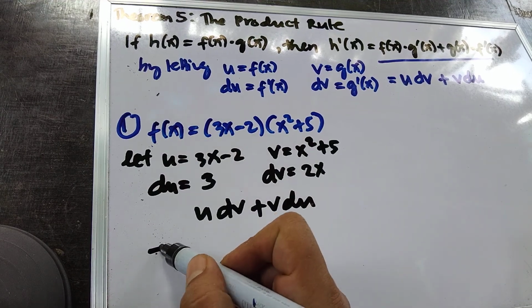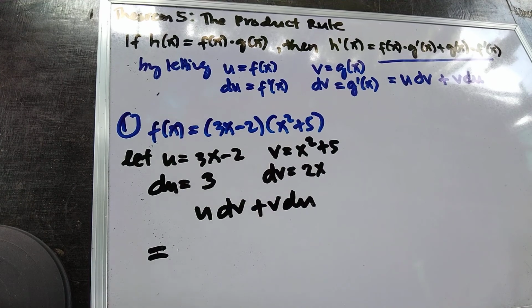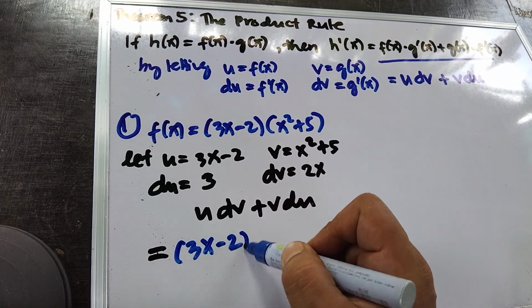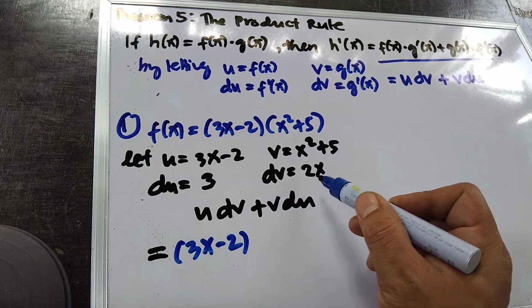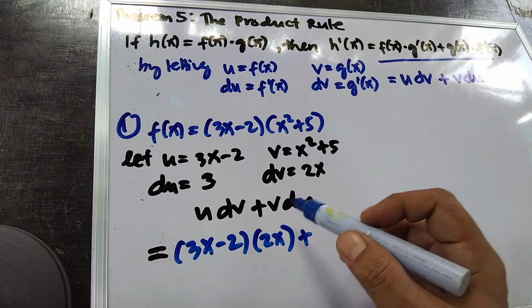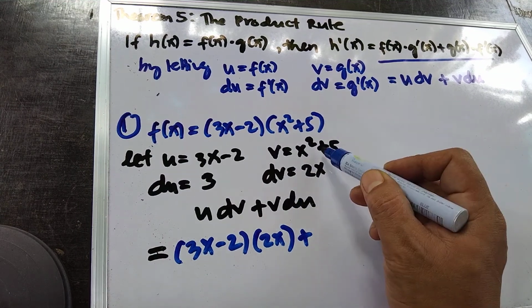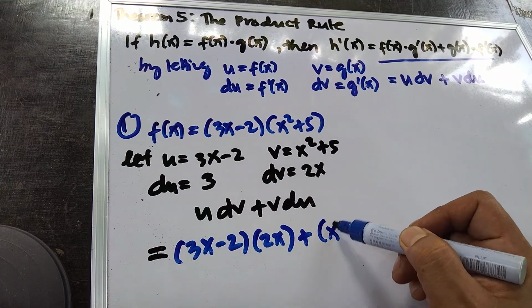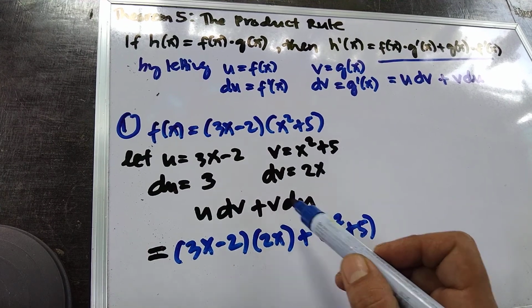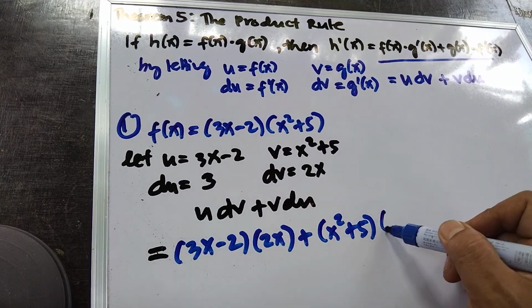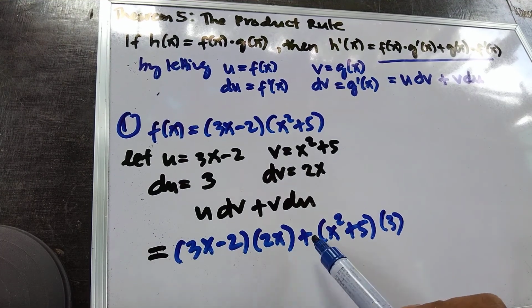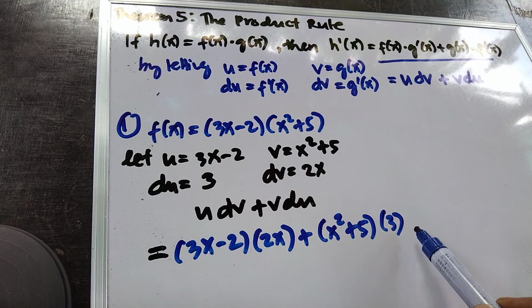Okay, so what is your u? 3x minus 2. What is the value of your dv? You have 2x. Plus, what is the value of your v? That is x squared plus 5. What's the value of du? You have 3. So this is u dv plus v du.